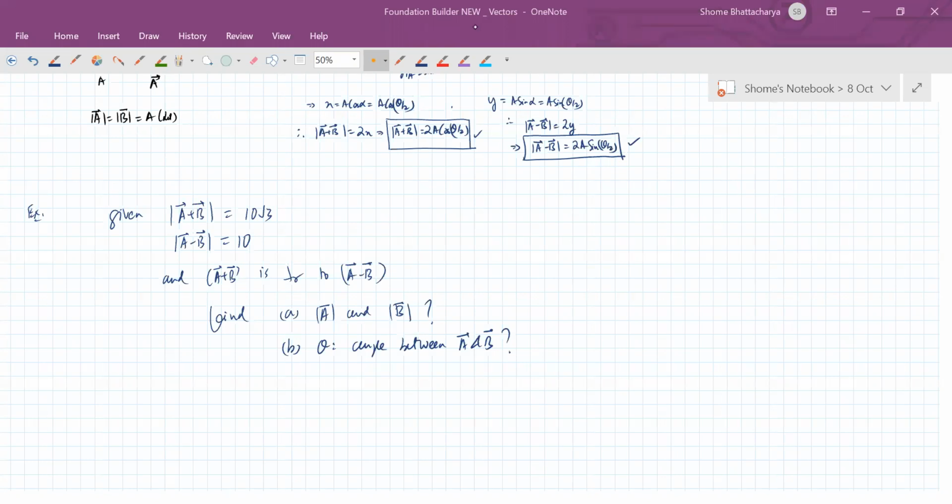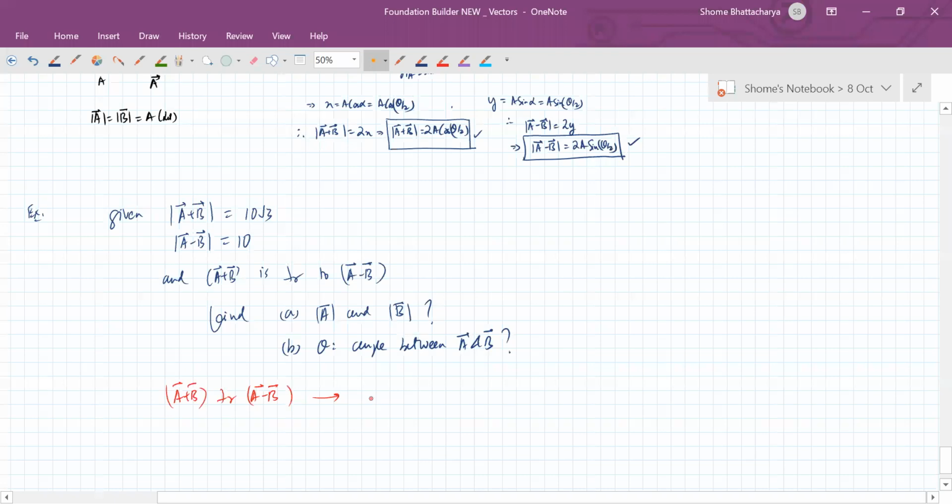Okay, so anybody got the answer for this? Yeah. So let's look at this. It's given that a plus b is perpendicular to a minus b. That means the parallelogram formed by a and b has perpendicular diagonals, so that means it's a rhombus.